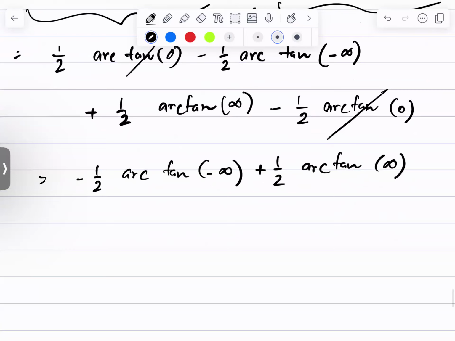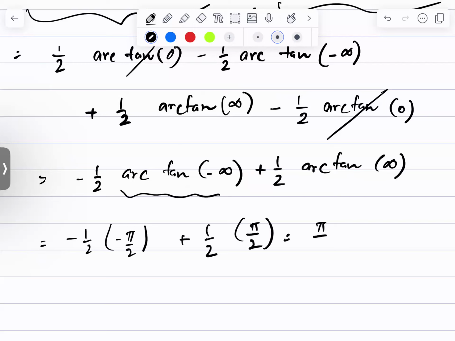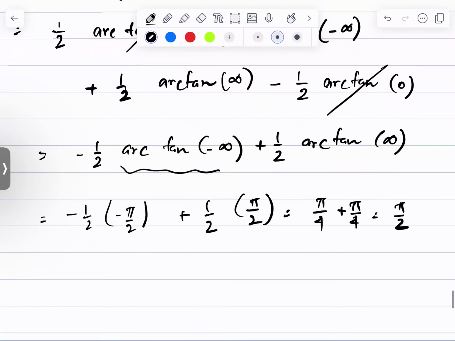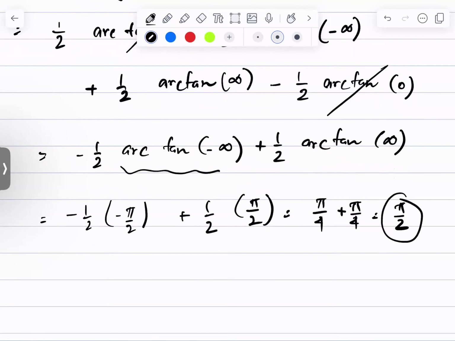If you try to calculate it, arctan of negative infinity is negative pi over 2, and arctan of positive infinity is positive pi over 2. So you have pi over 4 plus pi over 4, which is pi over 2, basically. Okay, so this is your answer.